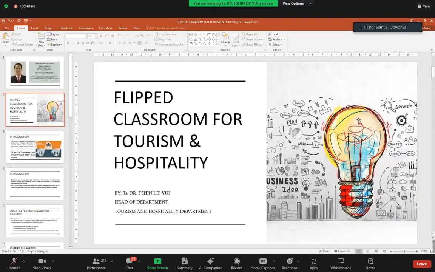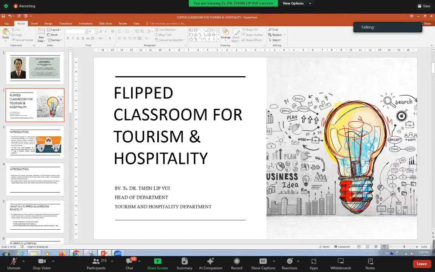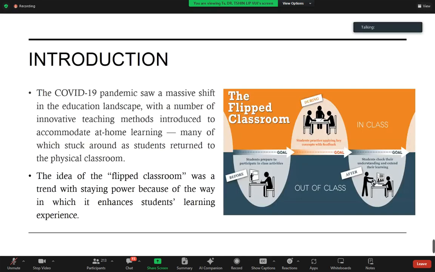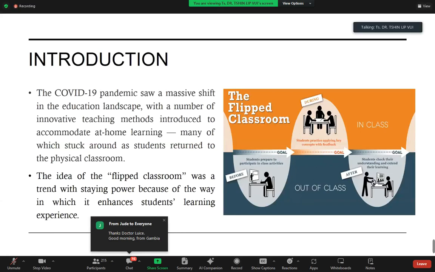So for the introduction, the COVID-19 pandemic saw a massive shift in the education landscape with a number of innovative teaching methods introduced to accommodate at-home learning. So many of which start now as students return to the physical classroom.